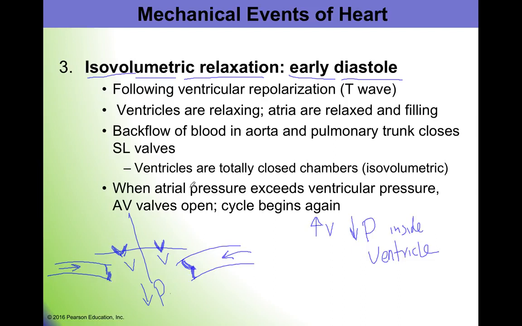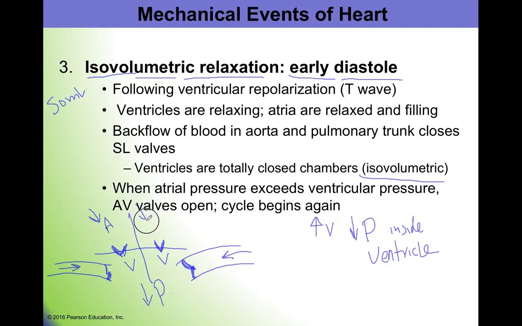So in this case, you have isovolumetric, which means no change in the volume of the heart, which is about, if you guys remember, 50 milliliters of blood, and your heart is in a relaxation phase, or more specifically, your ventricles are relaxing. So basically, you are in isovolumetric relaxation. Now what happens is, as the AV valves are closed, what are the atria doing?